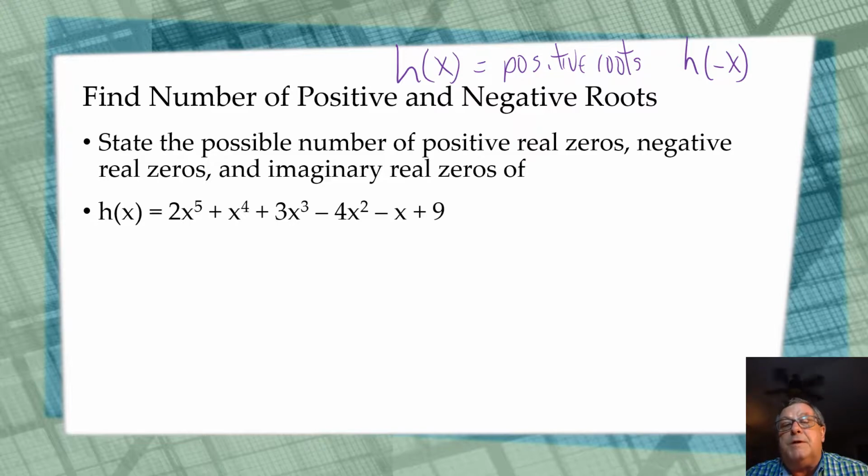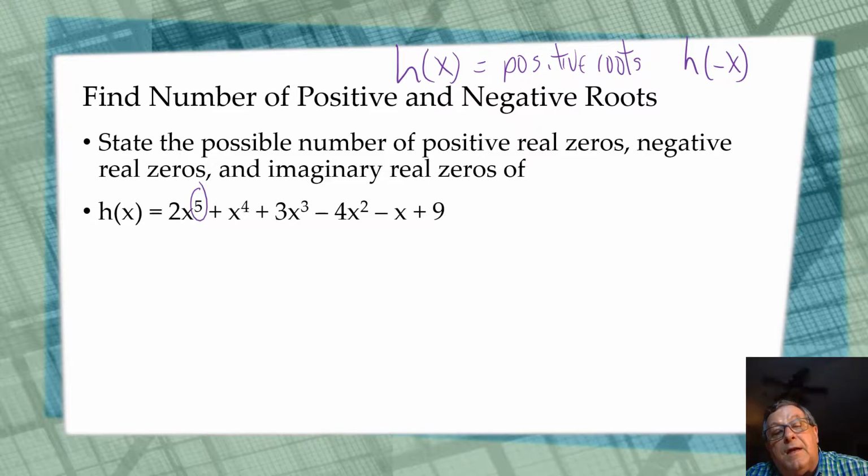It must be 2. So here I've got h of x equals 2x to the 5th plus x to the 4th plus 3x cubed minus 4x squared minus x plus 9. And how many roots can I have? Well, I can have 5 roots. Now, let's count the sign changes here in h of x. Positive, positive, positive.